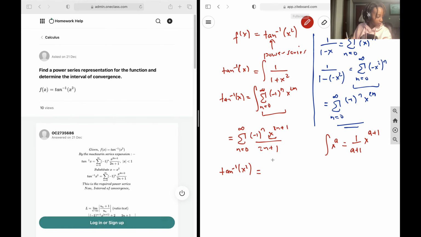So that becomes 4n plus 2. And we know that all of this holds on the condition that the absolute value of x is less than 1. So let's rewrite that.